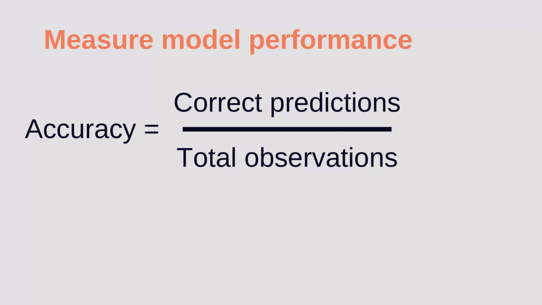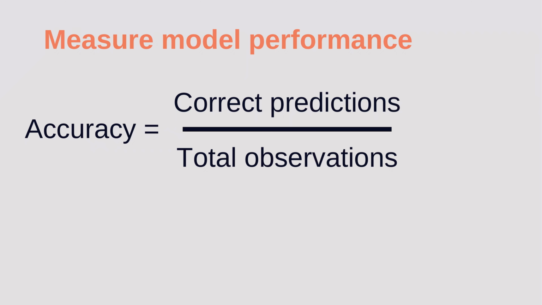Now that we can make predictions using a classifier, how do we know if those predictions are actually correct? We need to evaluate the model's performance. In classification tasks, one of the most commonly used metrics is accuracy. Accuracy is calculated as the number of correct predictions divided by the total number of observations.